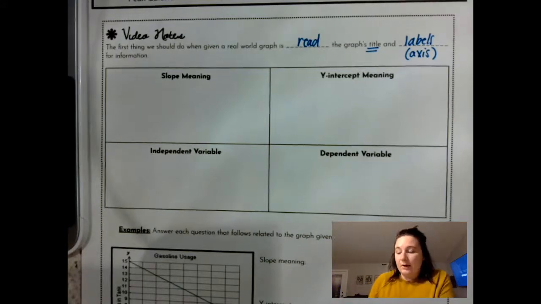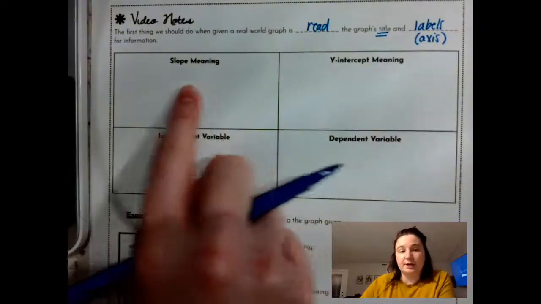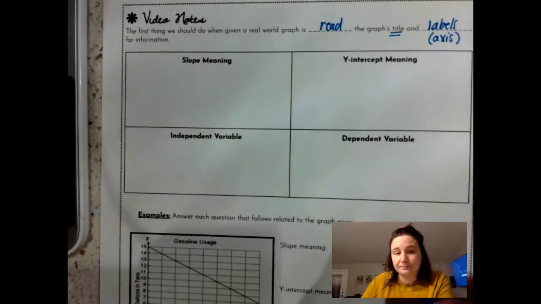So once you've done that, you're going to have 4 questions you're going to need to answer. The first is, how is the slope interpreted in that context? So what does the slope actually mean?